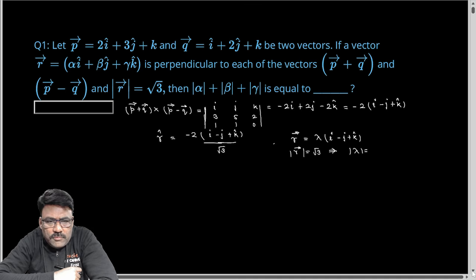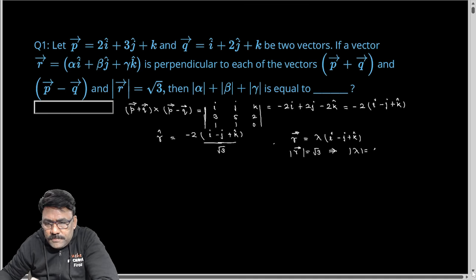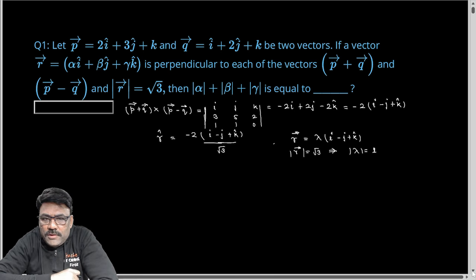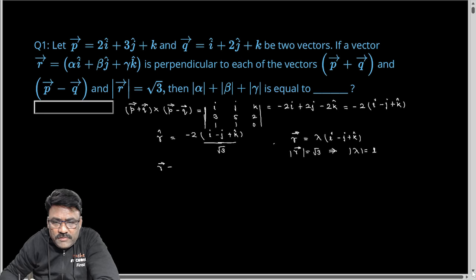So mod r is root 3, and mod lambda is 1. So I can say that lambda will be plus minus 1. So hence vector r is basically plus minus (i minus j plus k).